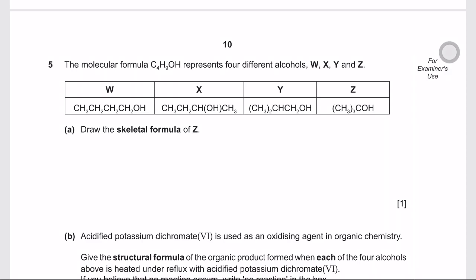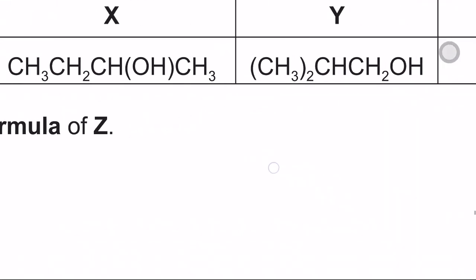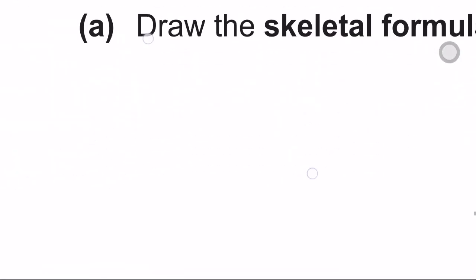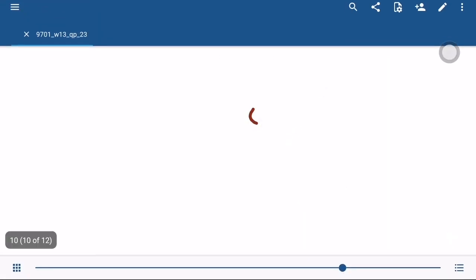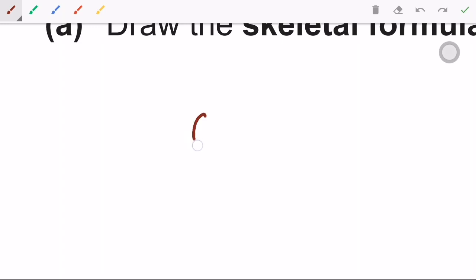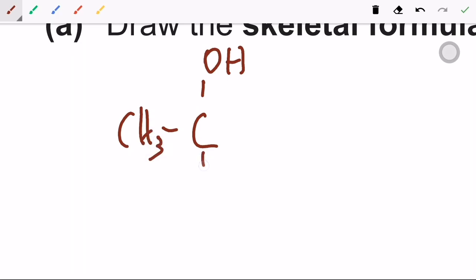So it is (CH3)3COH. It looks like this: you have a C, and you must have an OH, of course. Then you'd have 3 CH3s hanging around.